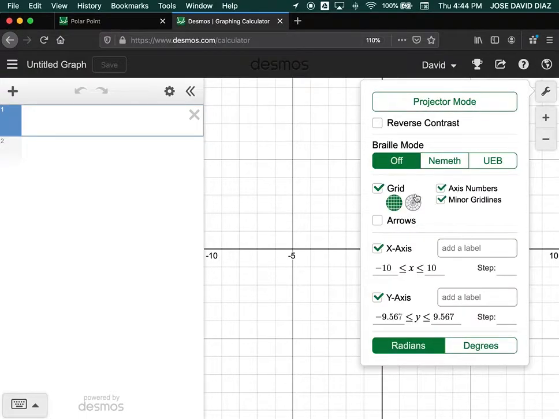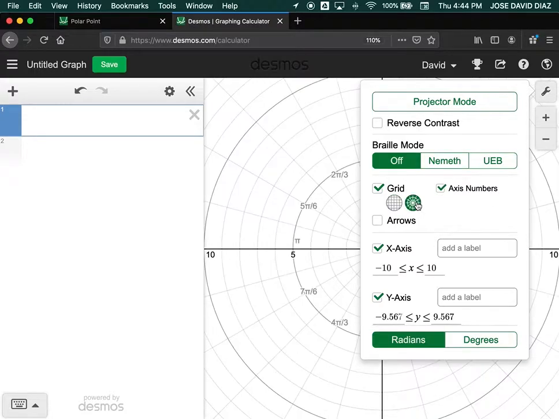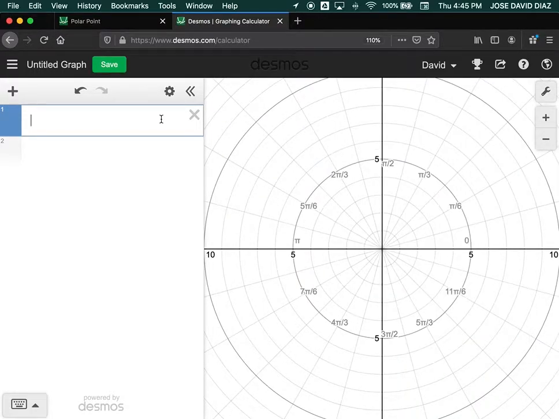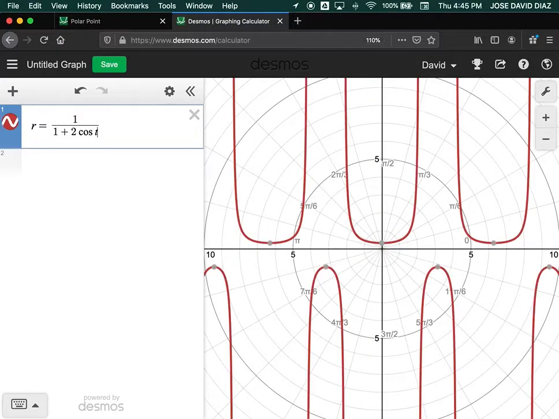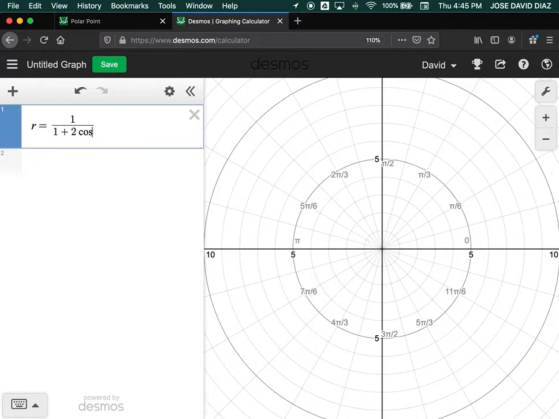I'm going to click on the grid, and it will be a polar graph instead. What's nice about polar graphs is that we can write equations that are much more simplistic. I'm going to type in the equation that I have there, and to type in theta, I'm just going to type in theta.